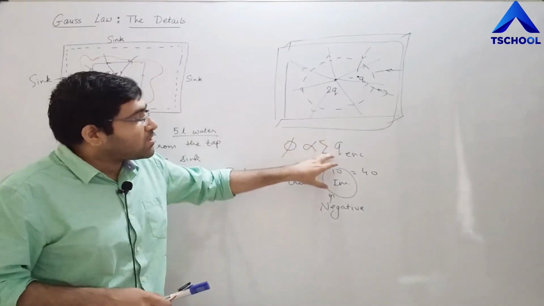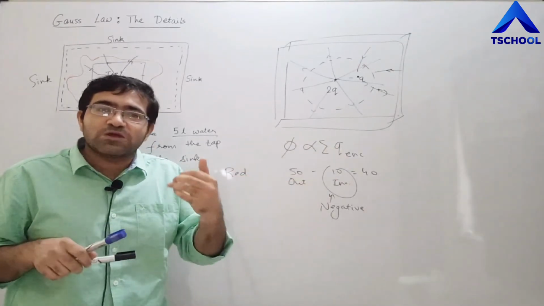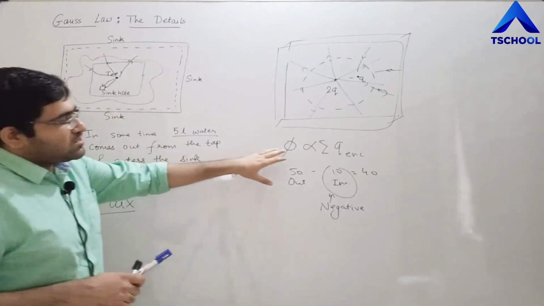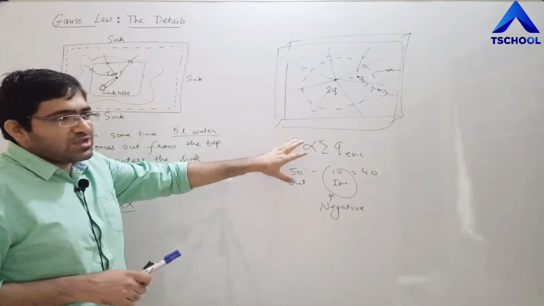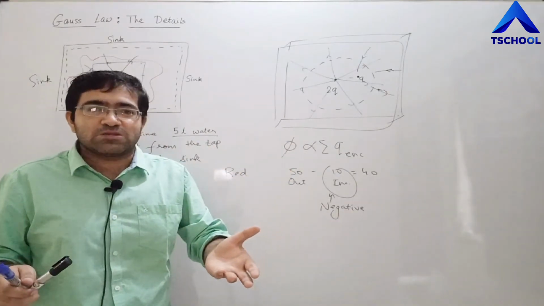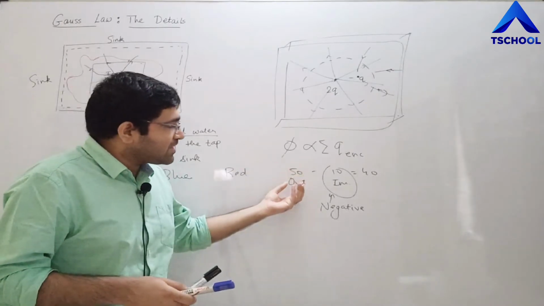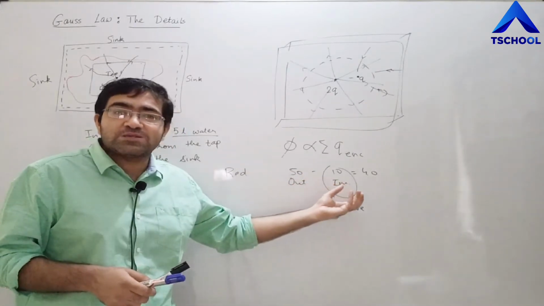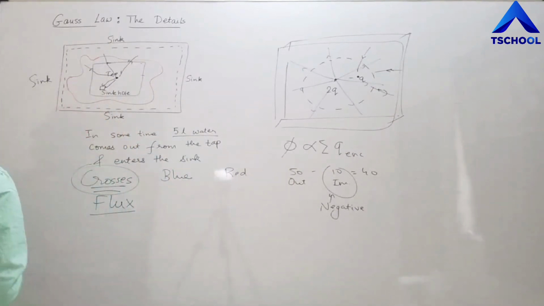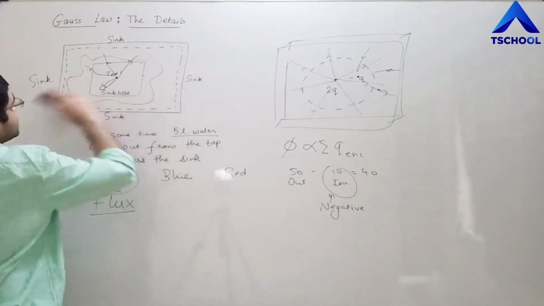So because of the negative charges, the flux is going to decrease. Remember that the flux indicates the number of field lines passing through the surface, and here we are considering outside as positive and inside as negative. That is the convention. Let me write that here very clearly.